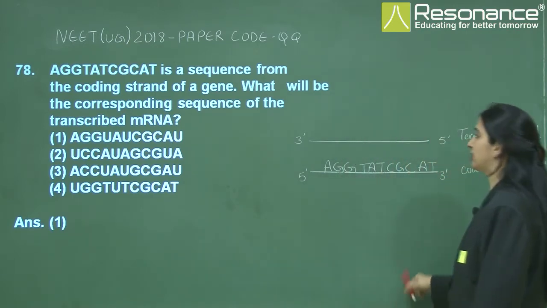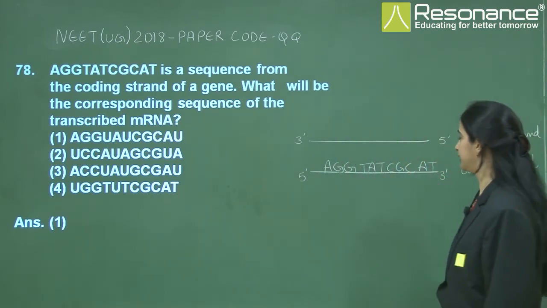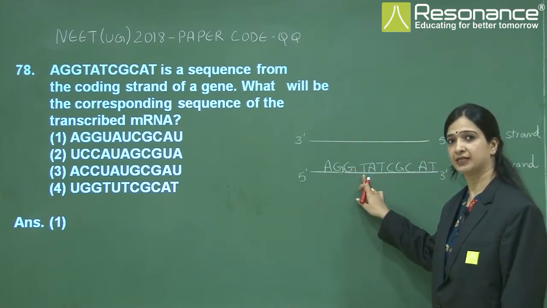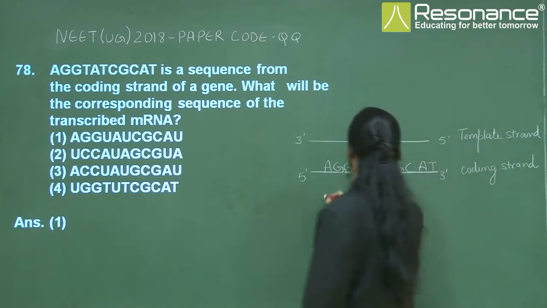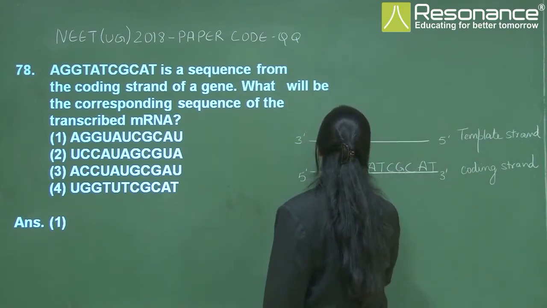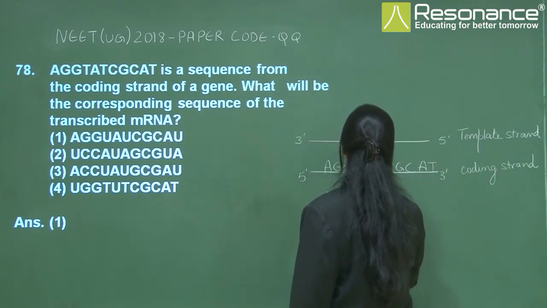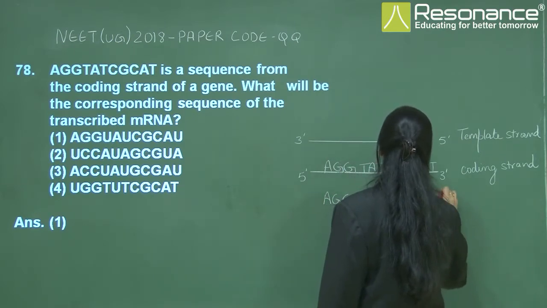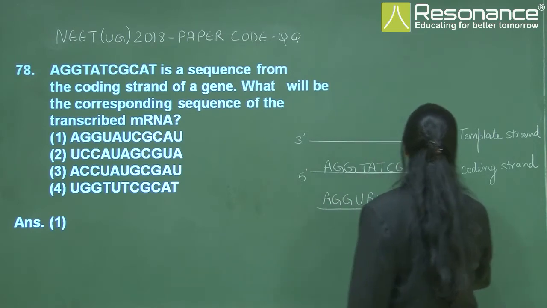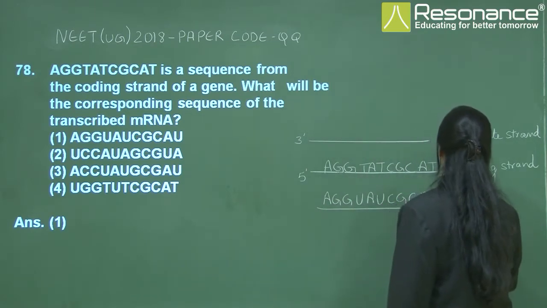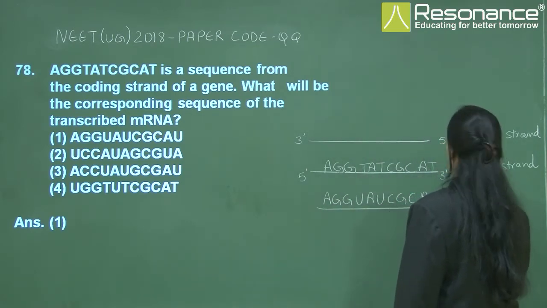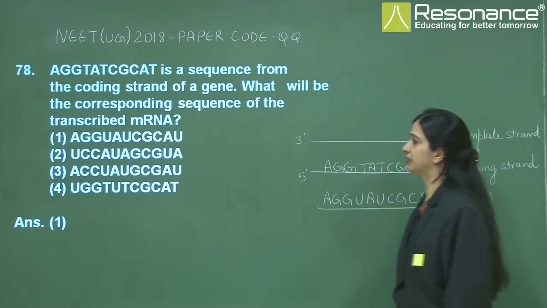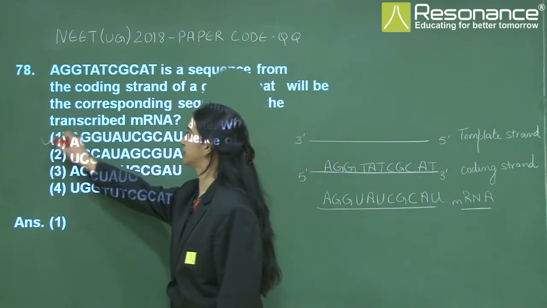So the new strand which will be synthesized will be similar to this, but it will be having uracil in place of thymine. So it will come out to be AGGUAUCGCAU. This will be the messenger RNA strand which will be synthesized or transcribed by this process. Hence the correct answer is first.